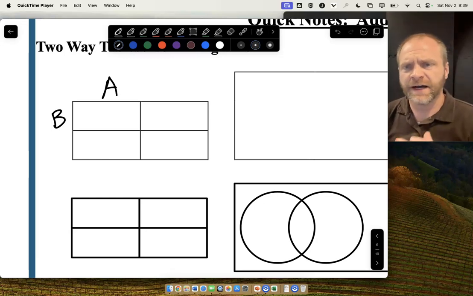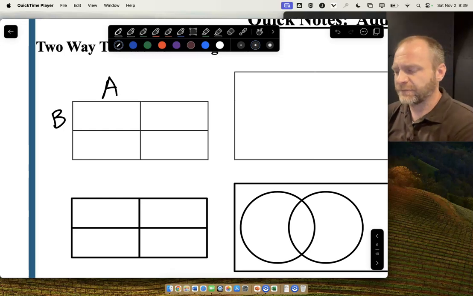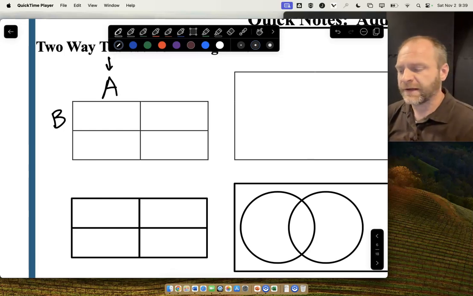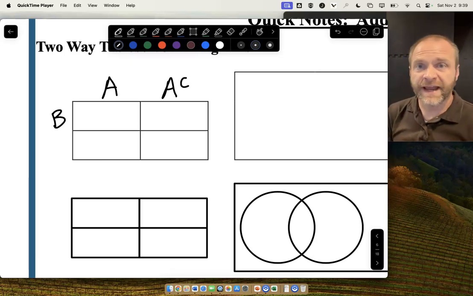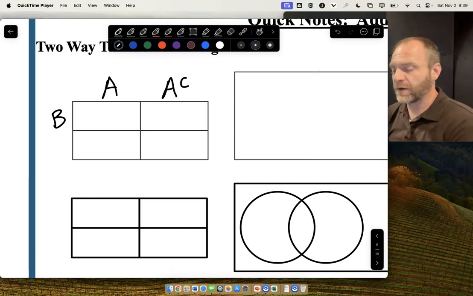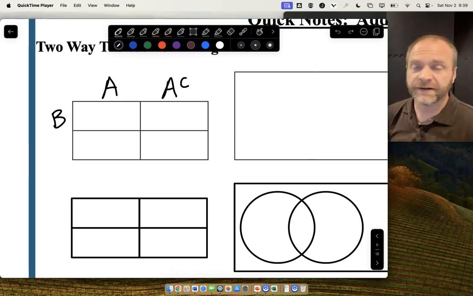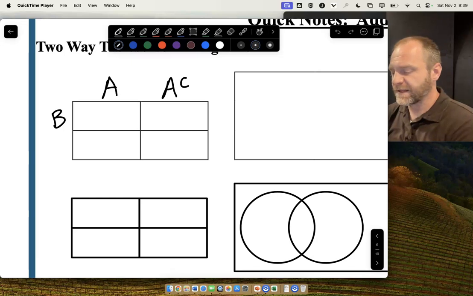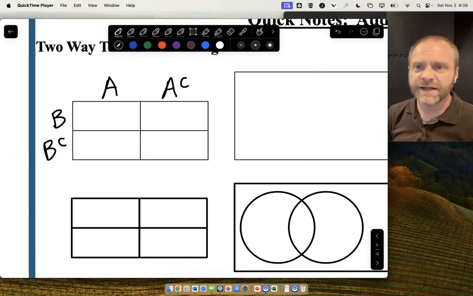Now, what is the other column next to A going to be labeled? Well, if this column represents probability of A happening, then this column represents its complement, the probability of A not happening. Remember this column, yes, taco tongue, no taco tongue. That means that it was the complement, which probably means that this row down here is the complement of B. And so we can see what's going on with the notation in the two-way table.